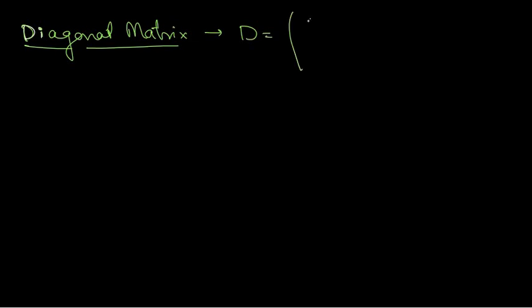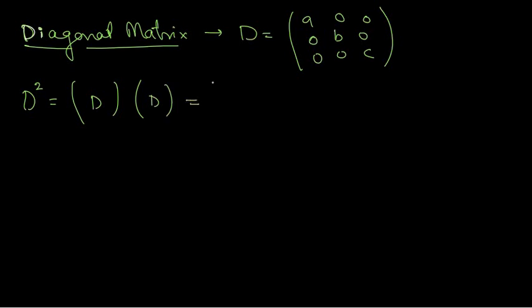Suppose I have a diagonal matrix, call it D, with diagonal elements A, B and C, and the off-diagonal entries all 0. Now I am interested in D square. You have to multiply this matrix D with itself, and because it is diagonal, you will get A square, B square, C square on the diagonal and 0 elsewhere.